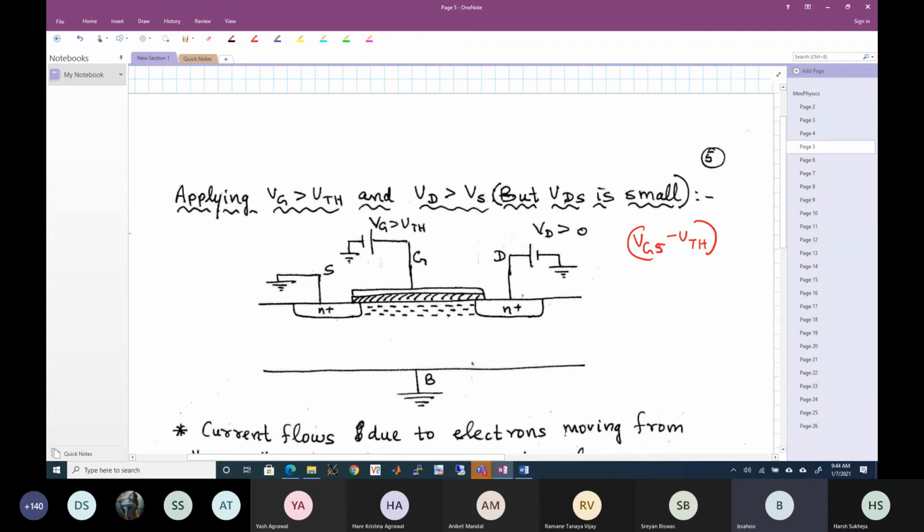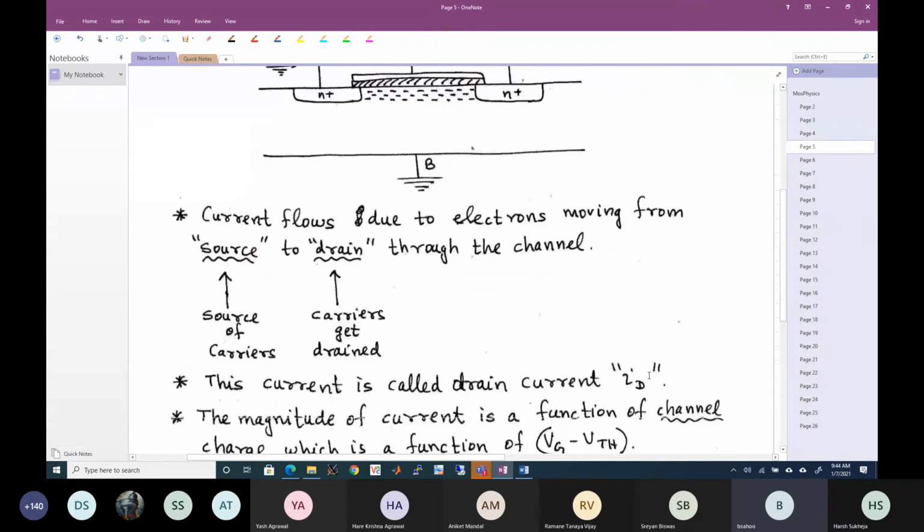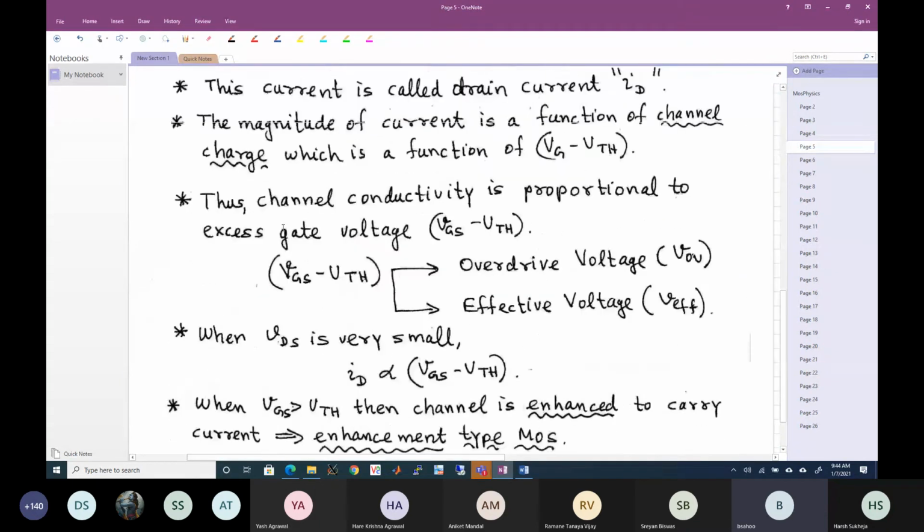Only when it exceeds, so the magnitude by which it exceeds defines the amount of charge carriers below the gate. Thus, channel conductivity is proportional to the excess gate voltage, and this excess gate voltage, VGS minus VTH, is sometimes called the overdrive voltage VOV, sometimes the effective voltage, and another commonly used name is VDSAT.